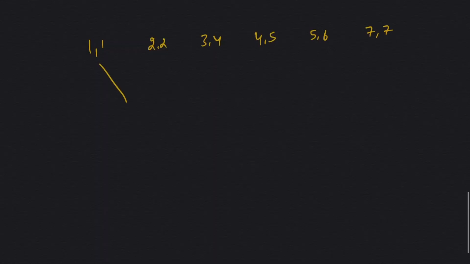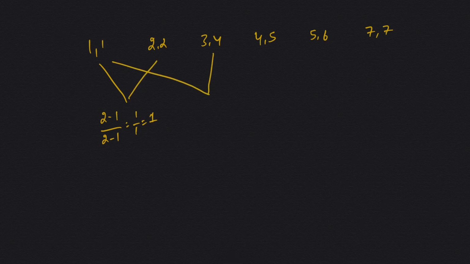If we look at example number 2, the coordinates we are given are 1 1, 2 2, 3 4, 4 5, 5 6 and 7 7. If we take out the slope of these two, that is going to be 2 minus 1 over 2 minus 1, which is 1. If we take out the slope of these two, that is going to be 4 minus 1 over 3 minus 1, which is 3 by 2, which is not the same.